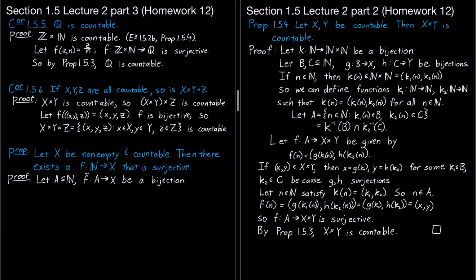And then X is not empty, so we're going to pick one x naught in X. And we're going to define the function F of n. This is going to be a piecewise defined function. It is going to be F twiddle of n if n is in A, and it's going to be x naught otherwise.